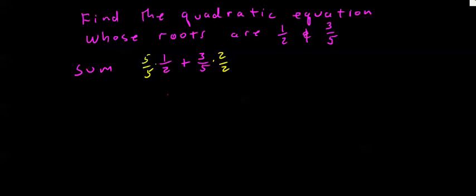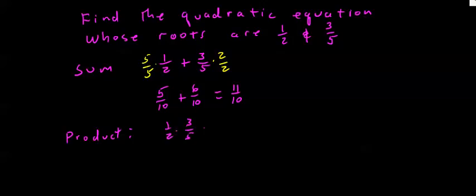And we end up with 5/10 plus 3 times 2 is 6/10, which equals 11/10. The product is 1/2 times 3/5. We multiply across the top, 3, across the bottom, 2 times 5 is 10.